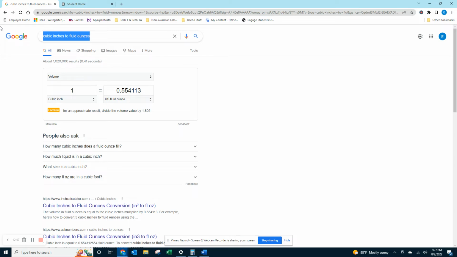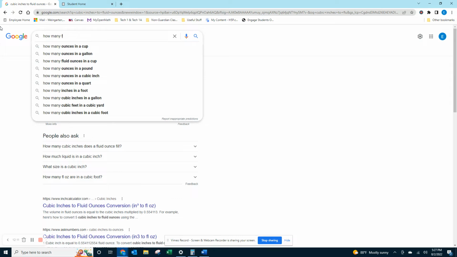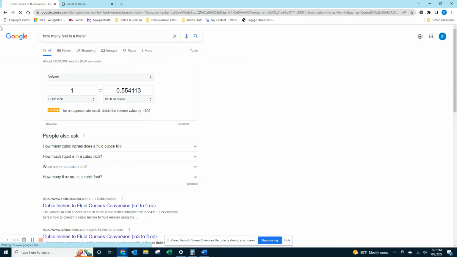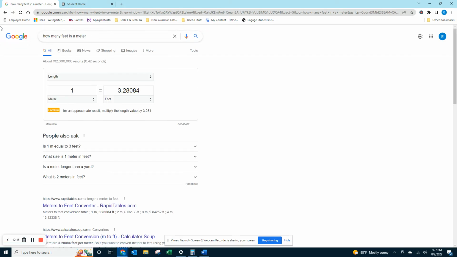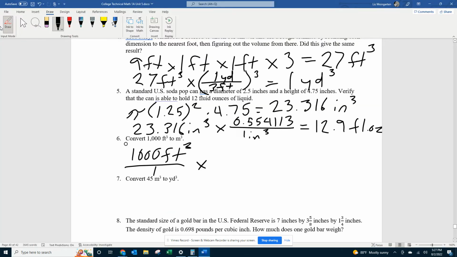So go ahead and use Google anytime you want. So there are 3.28084 feet in 1 meter.